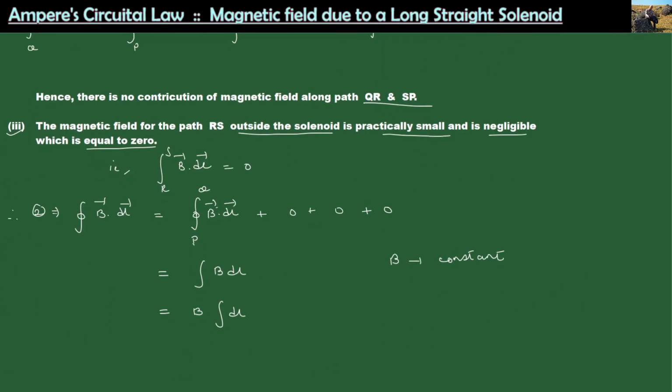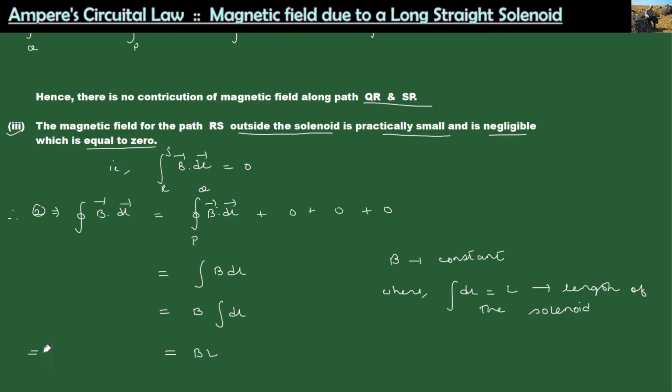So from here, it implies that this integration over dl will be equal to capital L, and this capital L will be the whole length of the solenoid.